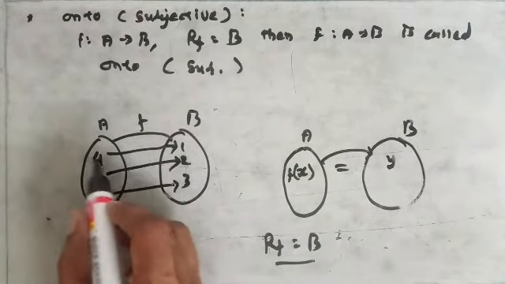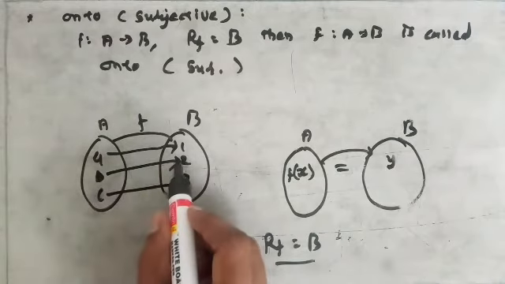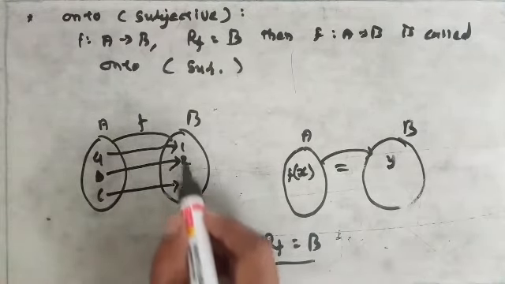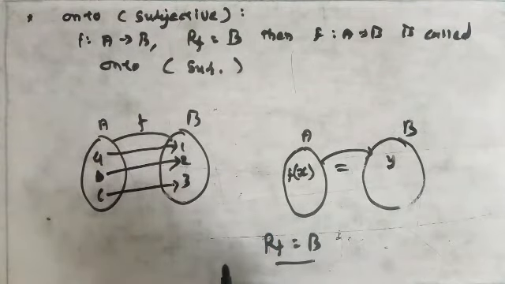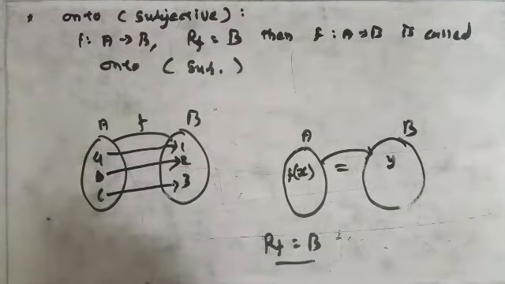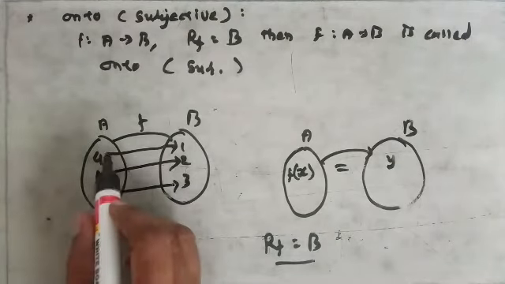So f(a) is equal to 1, f(b) is equal to 2, f(c) is equal to 3. That is every element of B is image of one element of set A under f.